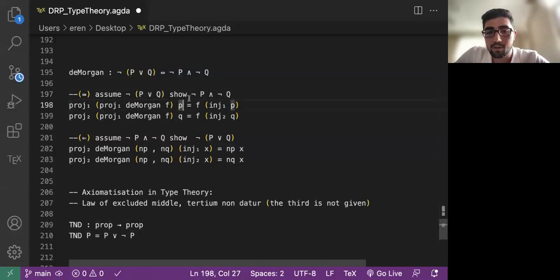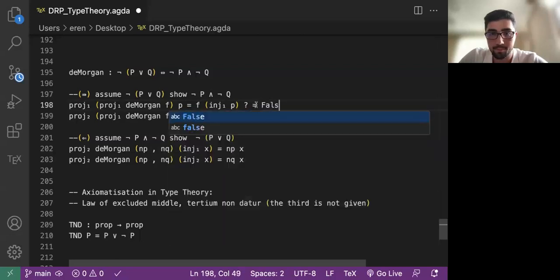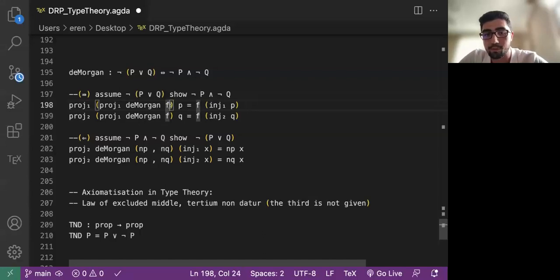What I am looking for is just false, because I have supplied P and I am looking for a false here. If I would write a question mark here, Agda would say the question mark is a term of false. Okay. How can I get false from here? Let's look at the definition of F. F is defined as a function from P or Q to false.